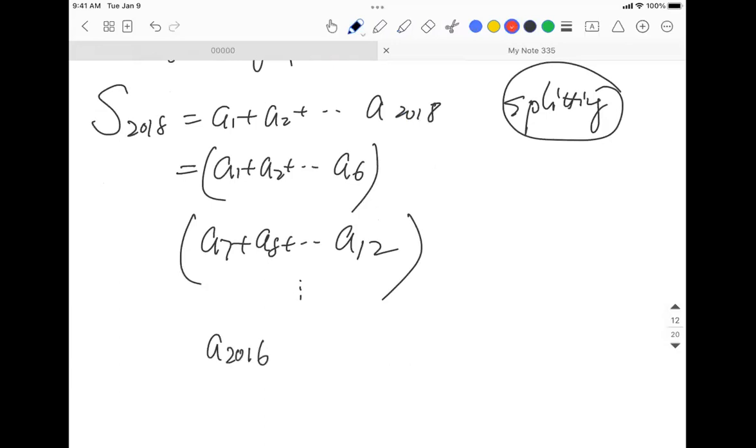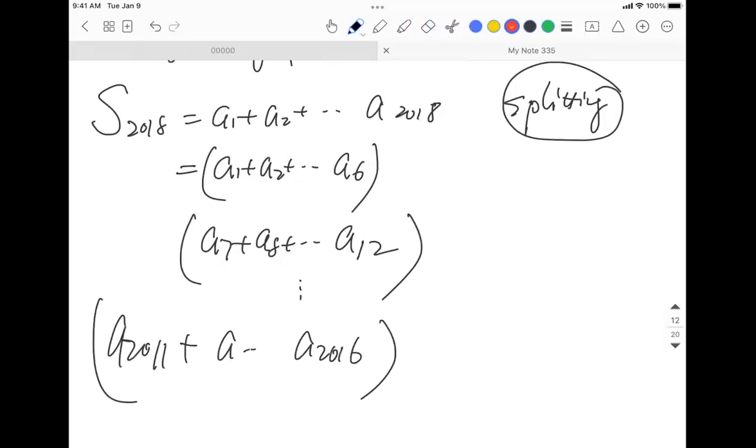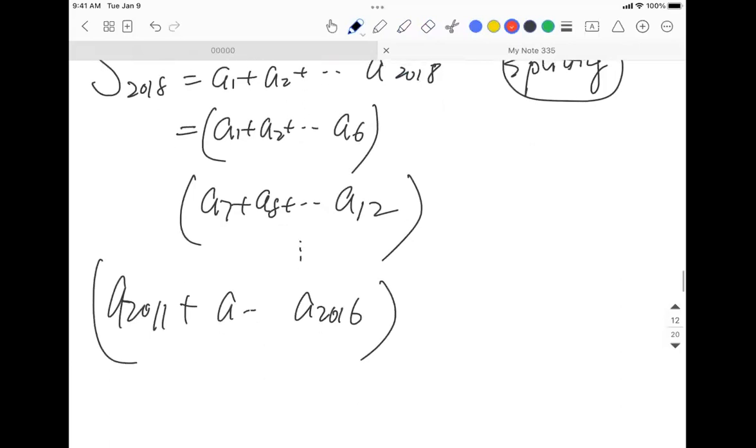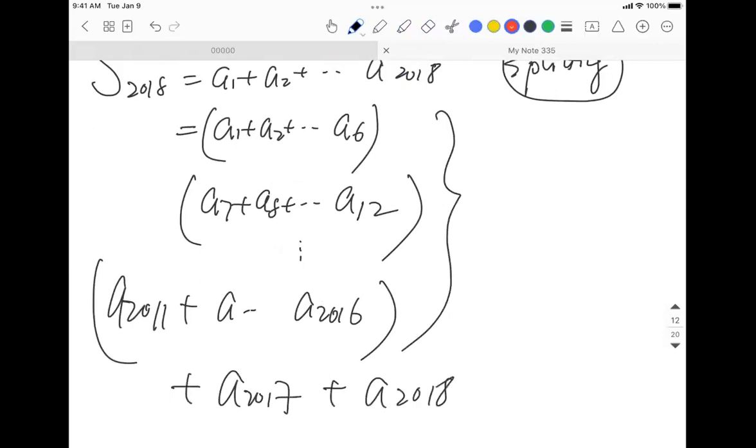So from A2011, all the way to A2016, this is going to be another period, right? These are all the periods. Then A2017, A2018. Is that right?